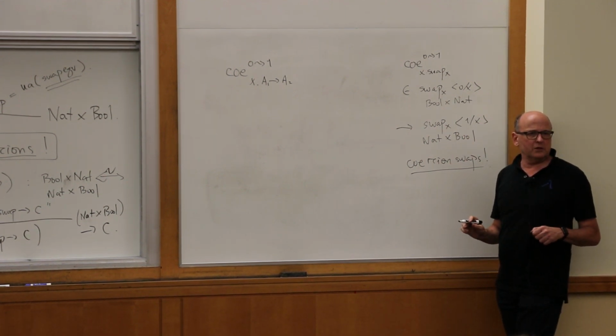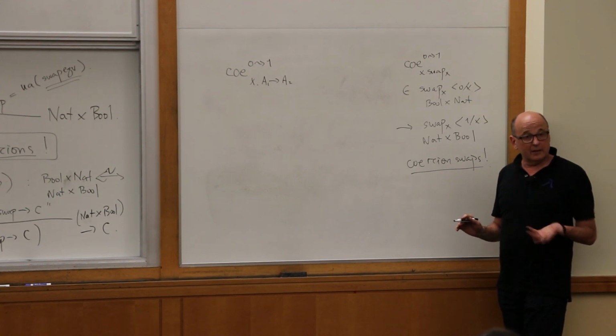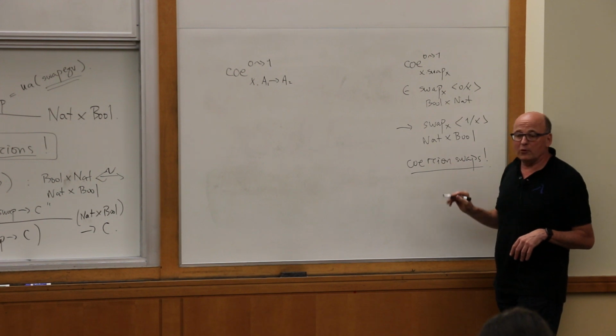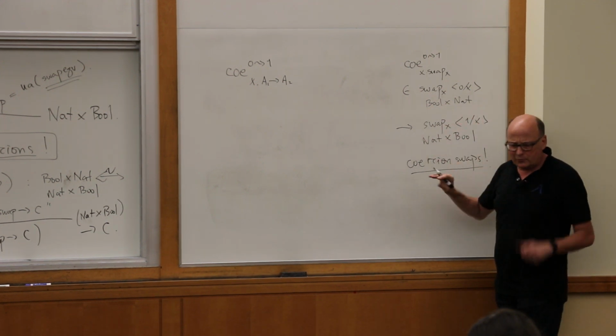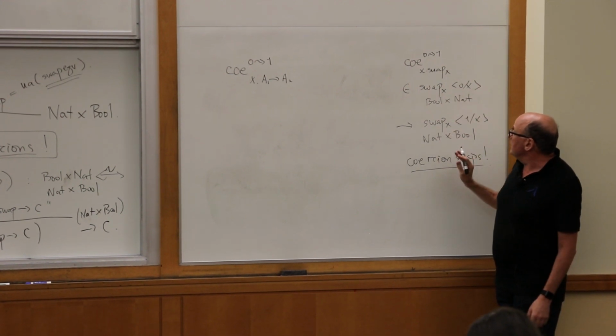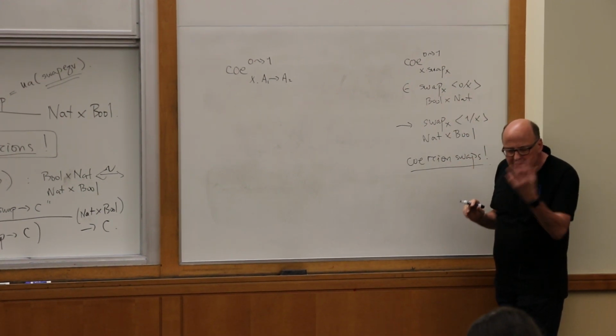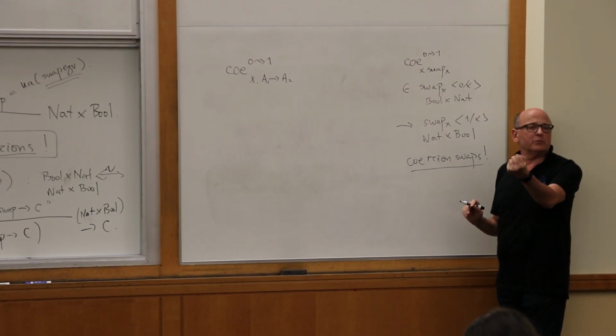Who cares? I will still get an isomorphism. Or I can swap the evens and the odds along the way. Something like that will work. The point is that all that information is packaged up in the fact that swap is an equivalence.